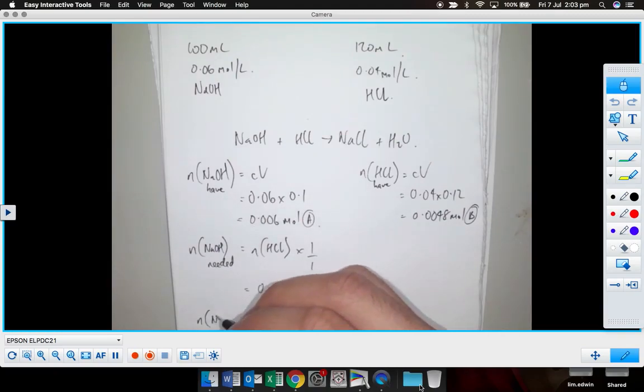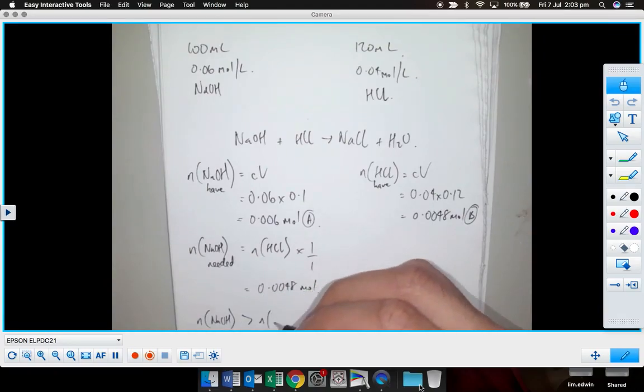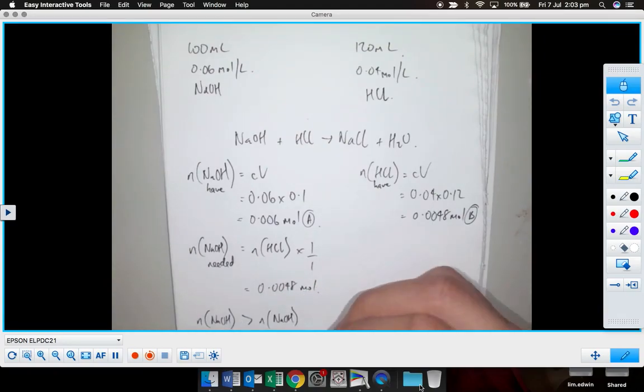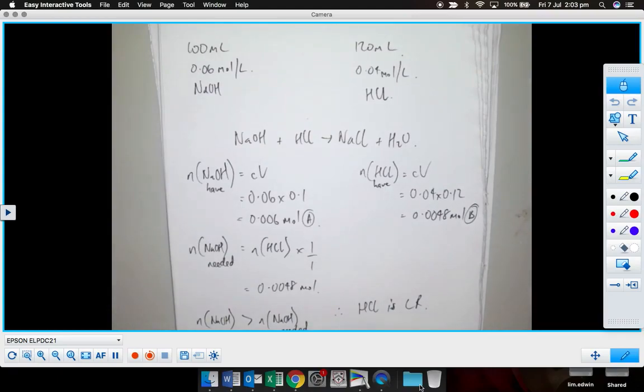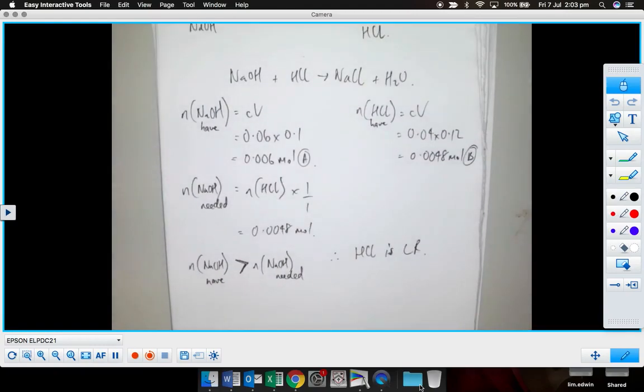The number of moles of NaOH I have is greater than the number of moles of NaOH needed, and therefore the HCl is the limiting reagent. So I have more than I need, therefore this is not the limiting reagent, the other one is the limiting reagent.